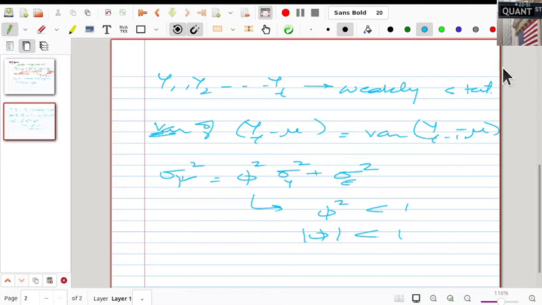So that's an important aspect of a weakly stationary process, that the weight on which the value of a new observation depends is less than 1.